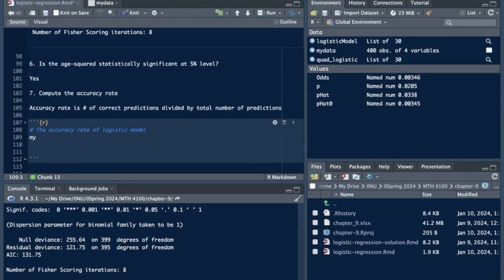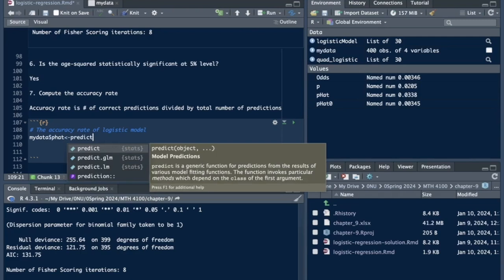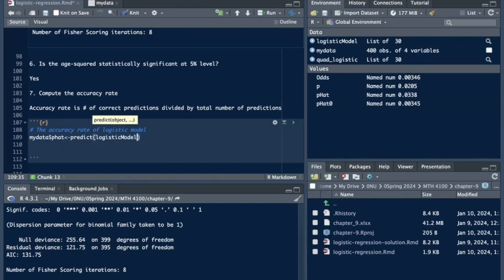So my data, I'm going to add another column called p hat. It's the predicted probability of defaulting. We're going to use the logistic model, and we have to say what data frame, what values you would like to plug into the model to create probabilities.